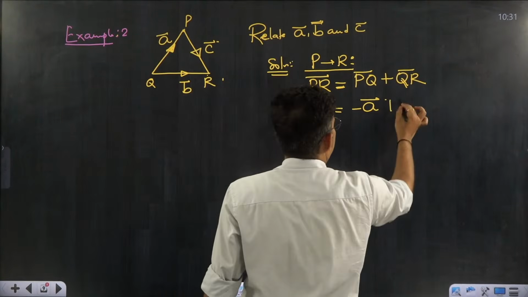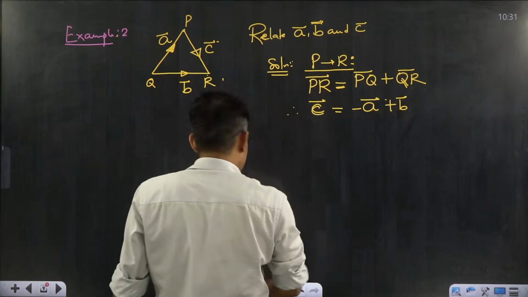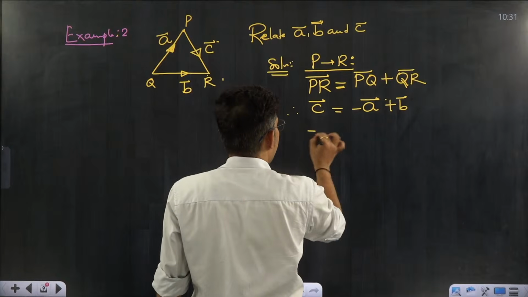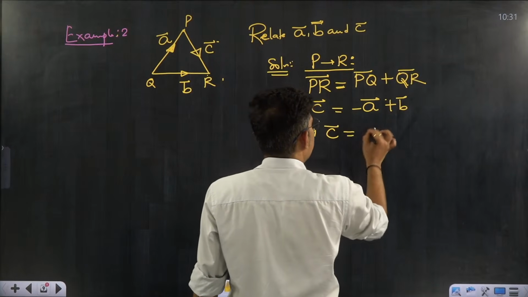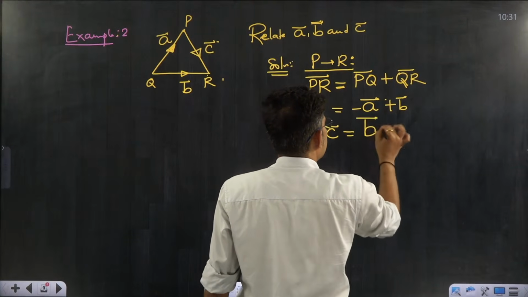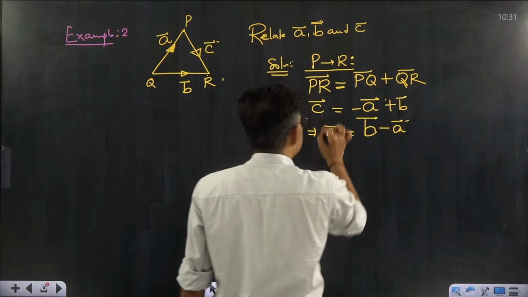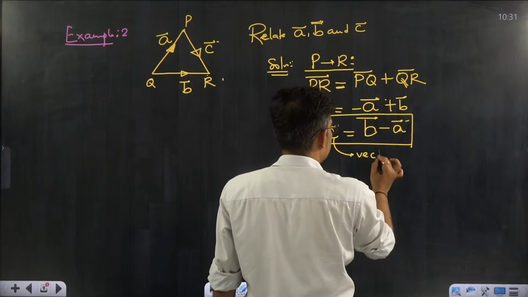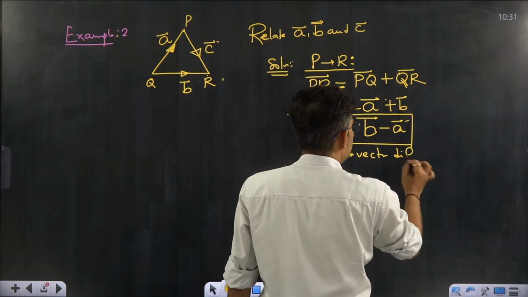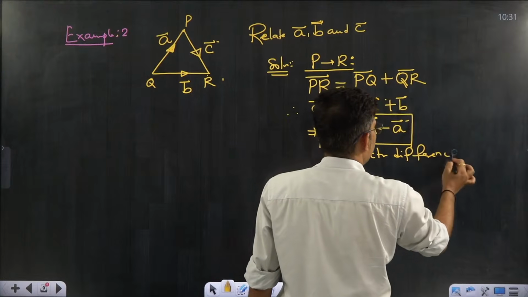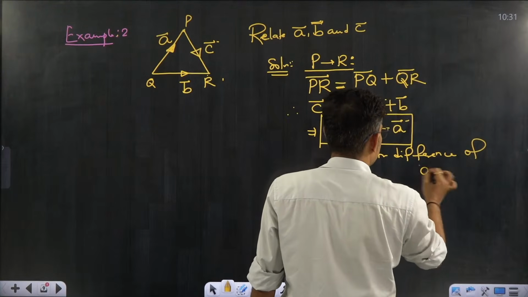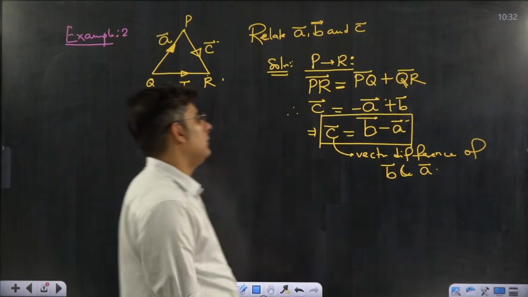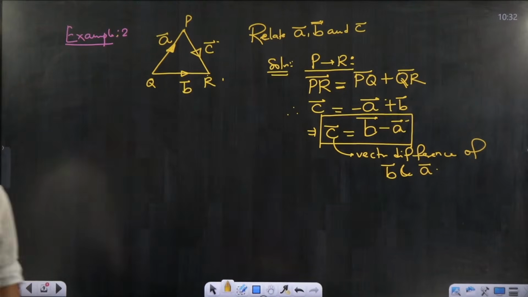B. Means in this example, instead of vector sum, the same C vector which was earlier a vector sum has now become B minus A. So C becomes a vector difference, which is called subtraction of vectors. It is called the vector difference of B and A.